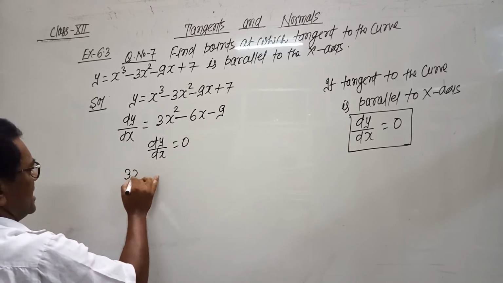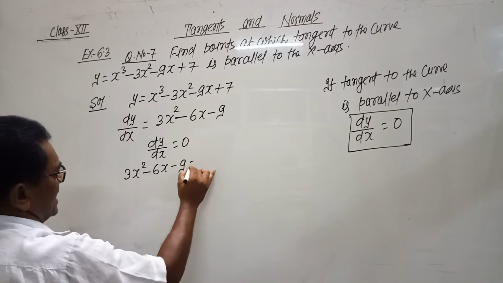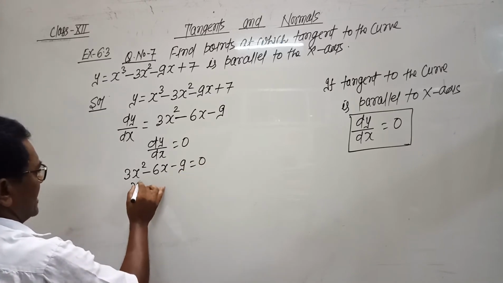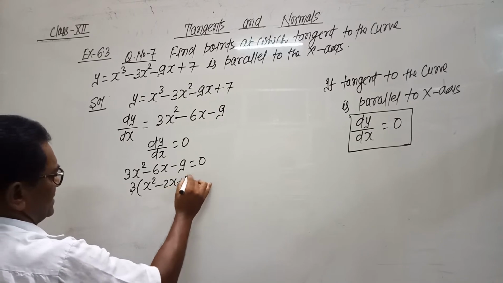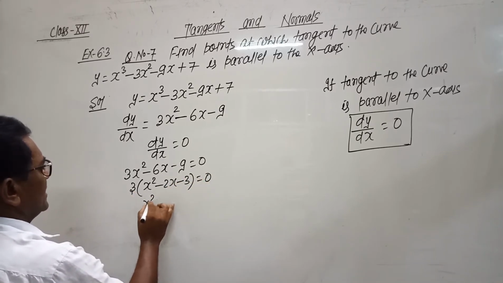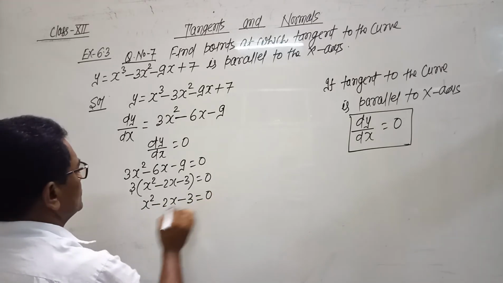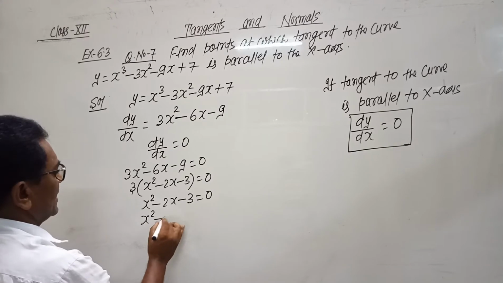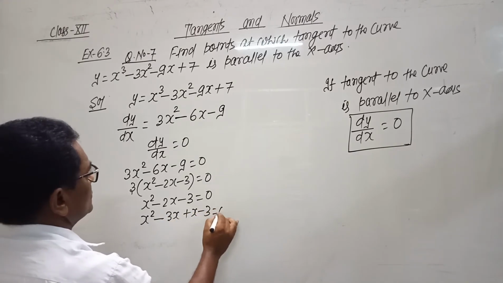This means 3x square minus 6x minus 9 equals 0, and 3 taken common. So x square minus 2x minus 3 equals 0. Make its factors: x square minus 3x plus x minus 3 equals 0.